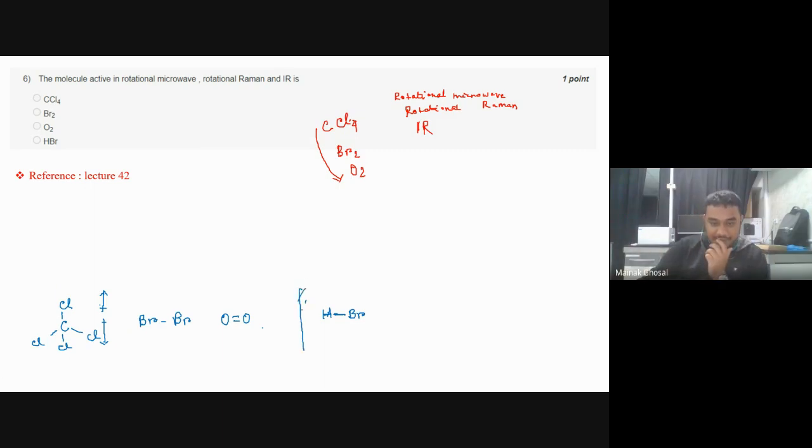Put this aside. Just these three things, CCl4, Br2, and O2. What is the thing that is common? If you find that, then you will get the answer. Just one missing link.